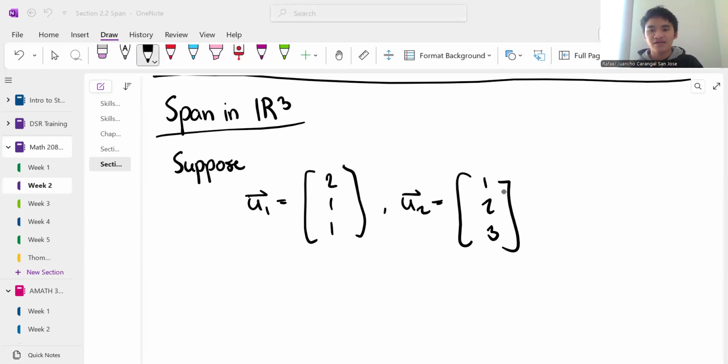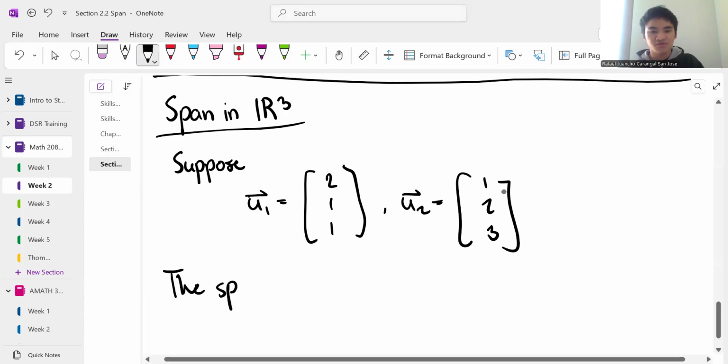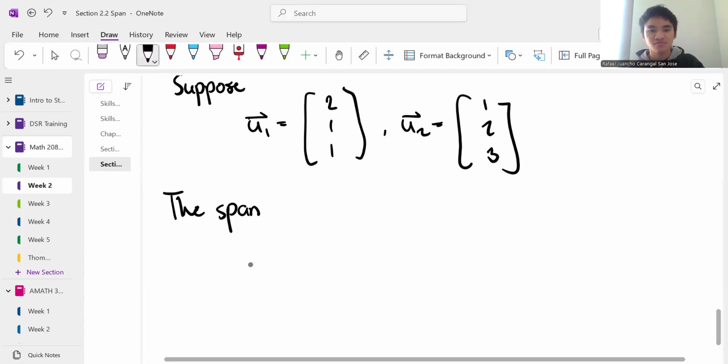So what's the span of these two vectors?